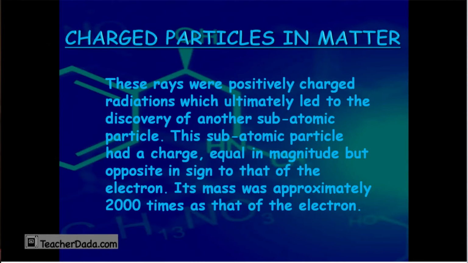So till this time it was confirmed that the atom is not indivisible as was thought by the previous century scientists, but it can be further divided into positively and negatively charged particles. All of you know that, I am very sure, that is protons and electrons, and I know that you know about another particle also, that is neutron.